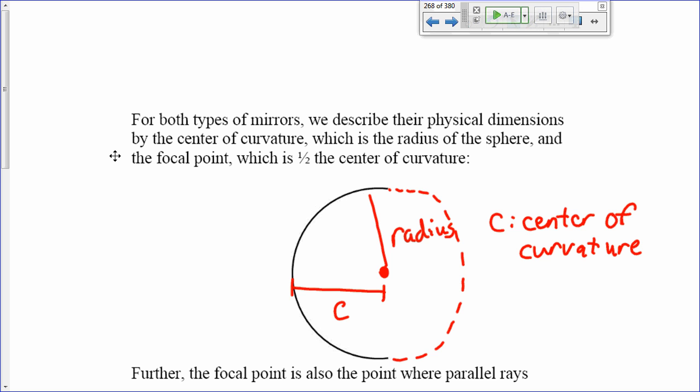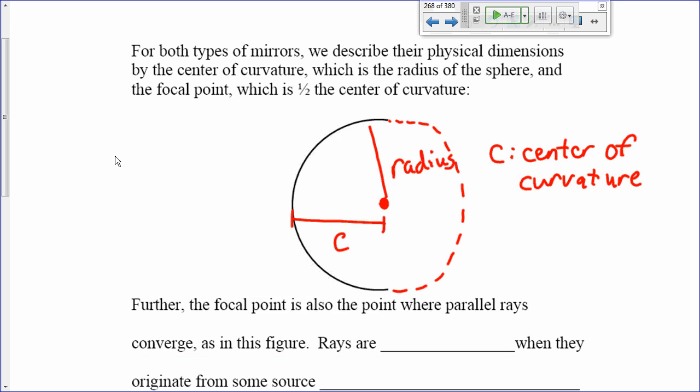And then we'll also define the focal point, which is half of the radius of curvature. So that's the C. F is called the focal point. It's also called the focal length.